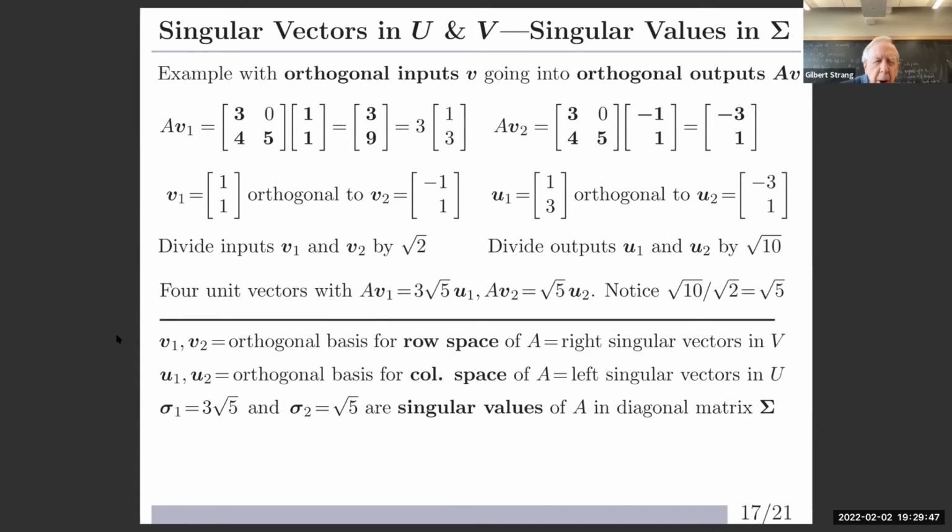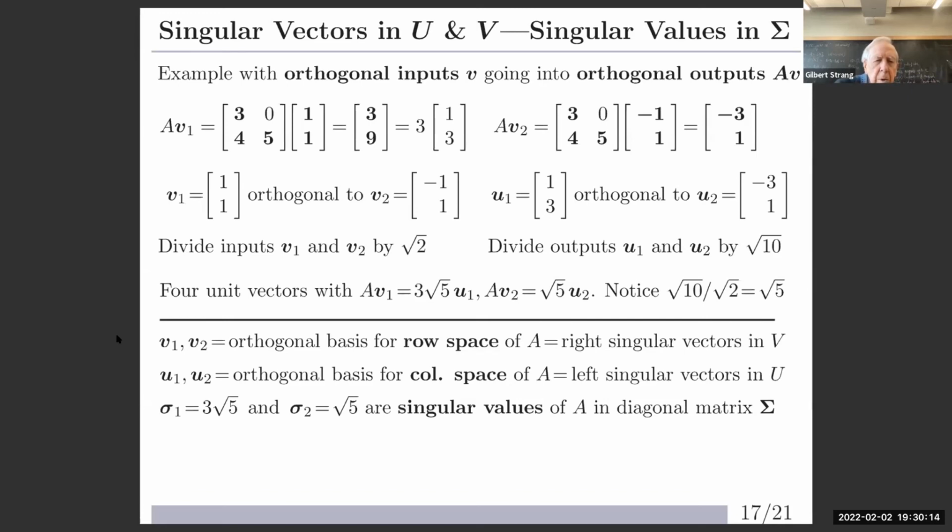It's small, so I made it 2 by 2 so that I could show you an example. It's the 3, 0, 4, 5 matrix. It's not symmetric. It would have eigenvalues 3 and 5 because it happens to be square, but I'm looking for singular vectors and singular values. That's different.